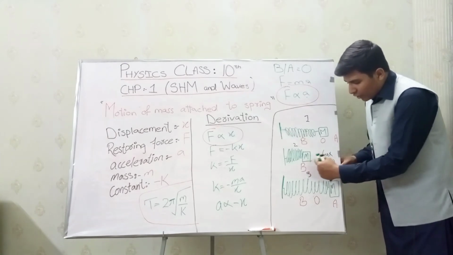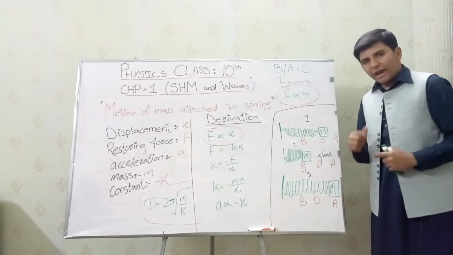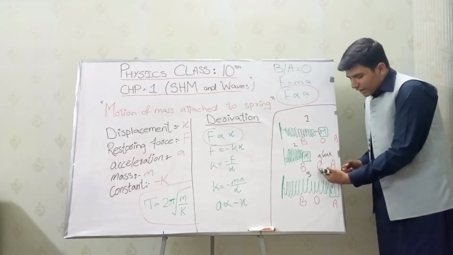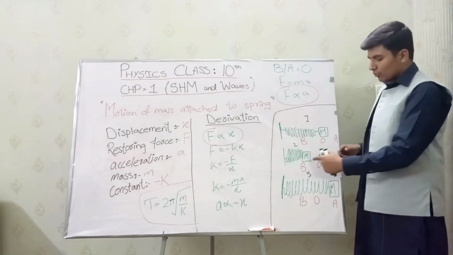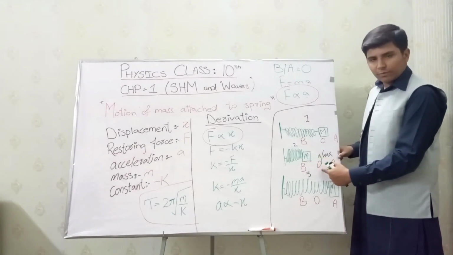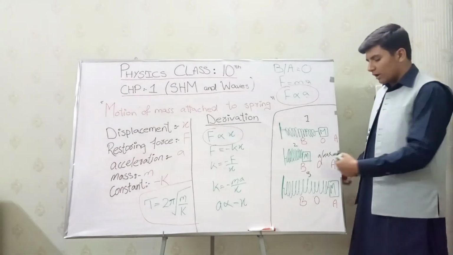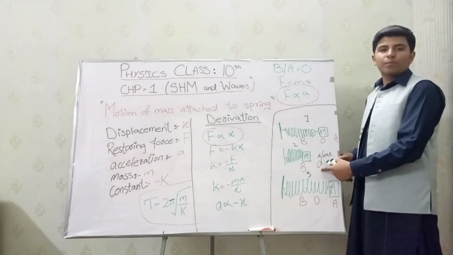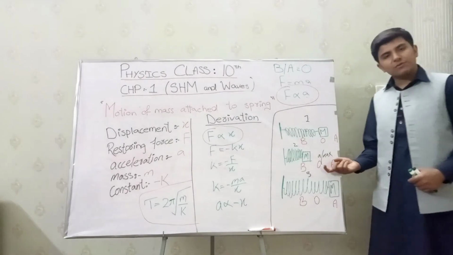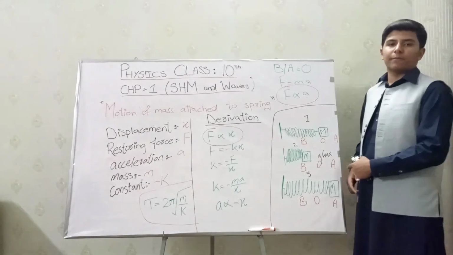So when the mass, which has acceleration, comes to its original position, it is in motion, so it will try to remain in motion and it will not stop at point O. It will move further from point O and come to the extreme position A.